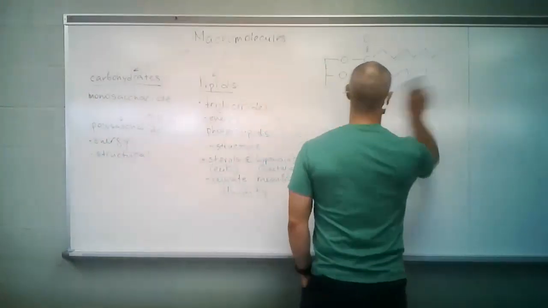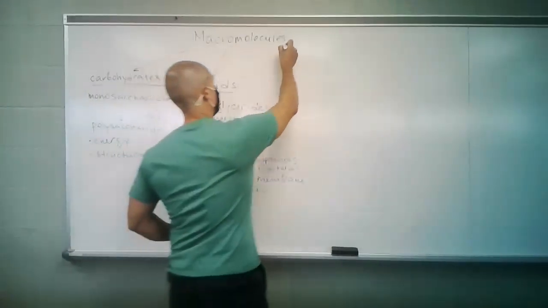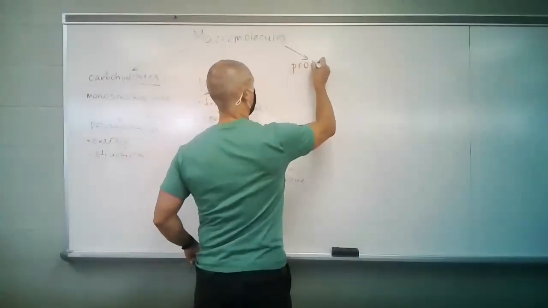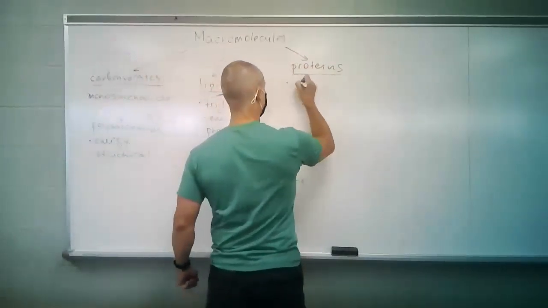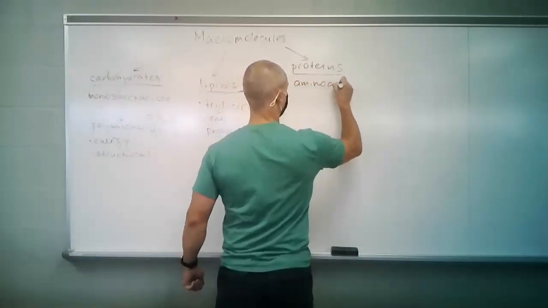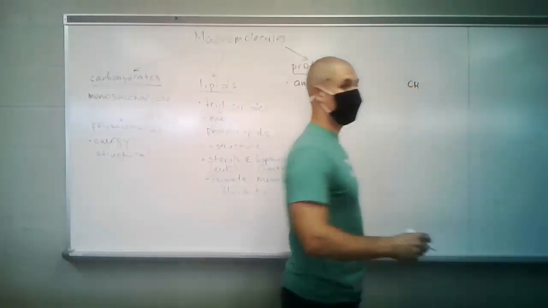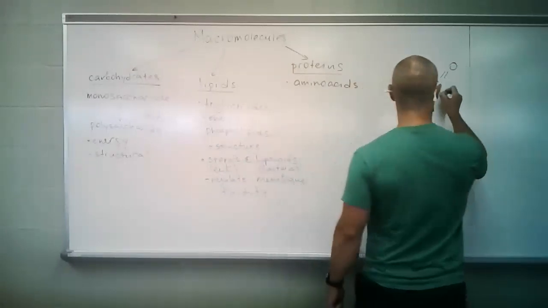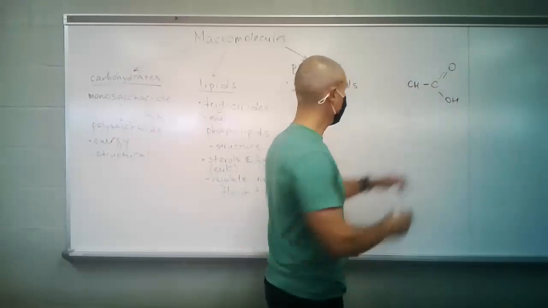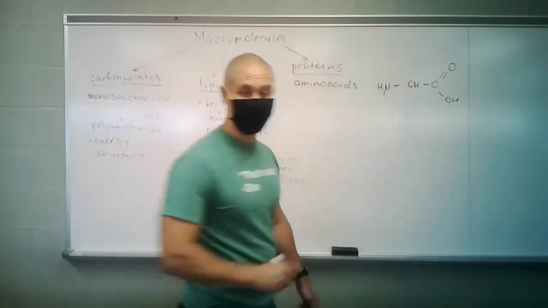Next group is the proteins. So elementary building blocks for the proteins will be amino acids. A typical amino acid looks like this. So this is the alpha carbon, which is chemically bonded with the acid and with the amino group, okay?